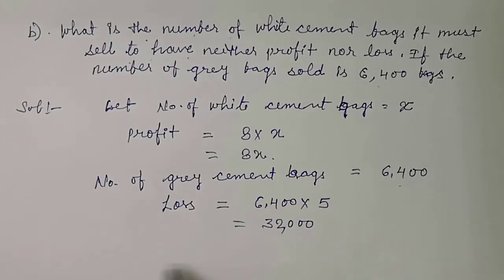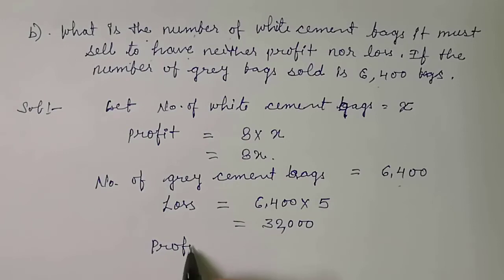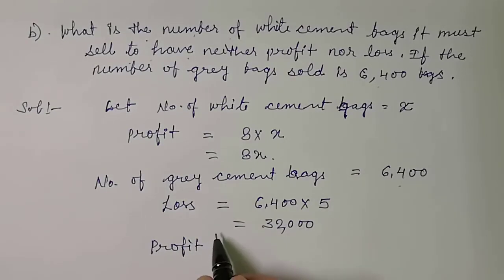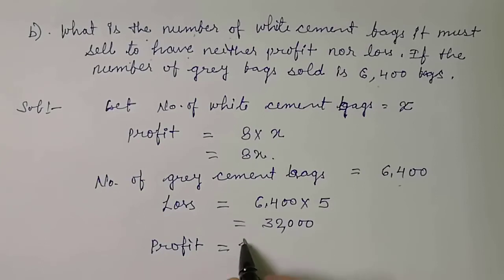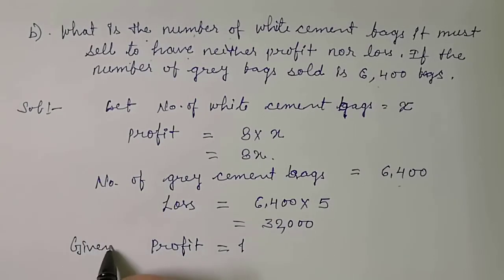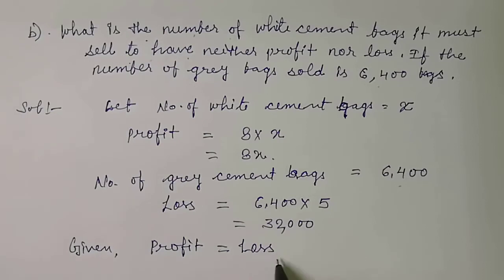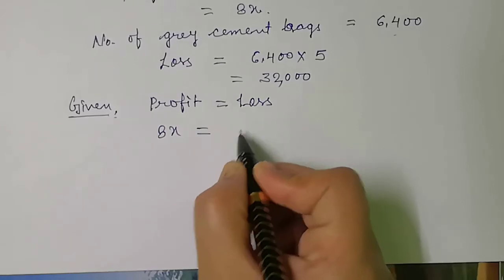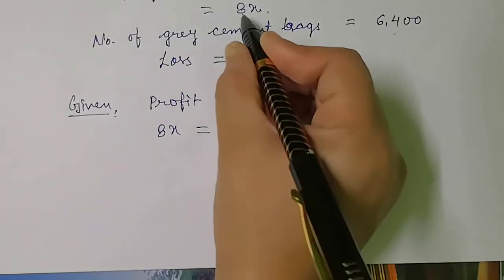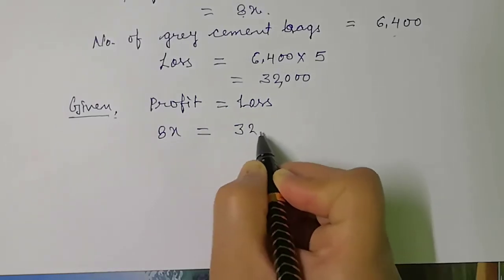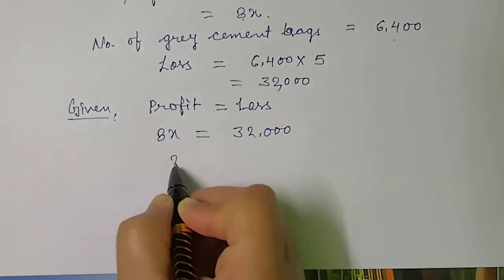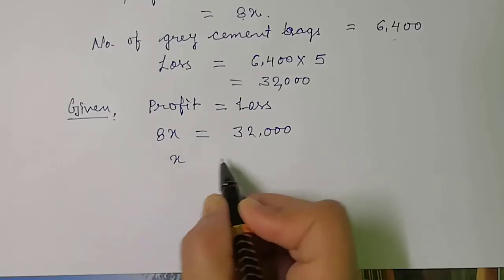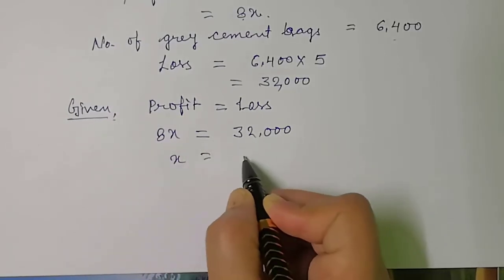Okay. Now see, profit and loss both are equal, because neither profit nor loss is given, that means profit and loss are equal. So what profit did we get? 8x. Profit and loss are equal, so we write 8x equals 32,000. When this 8 comes to the other side of the equal sign, it will be divided.